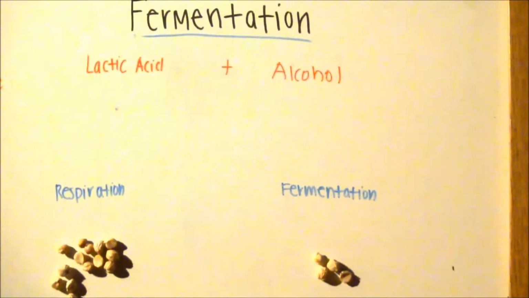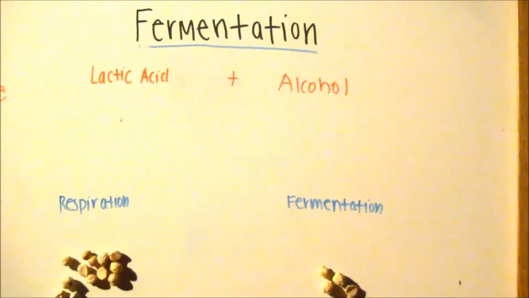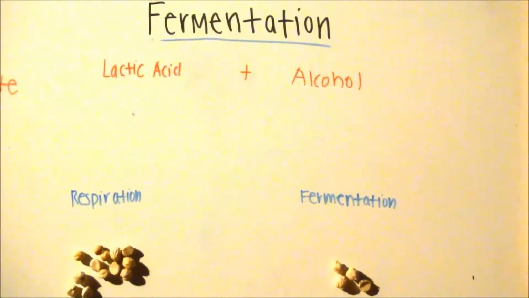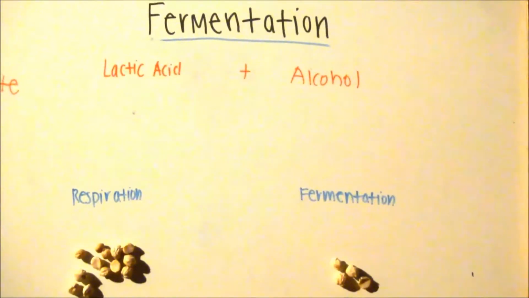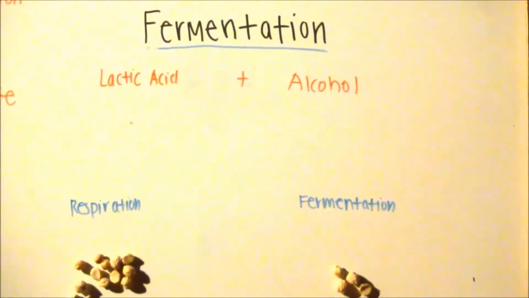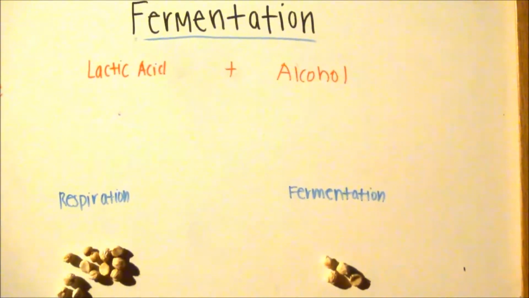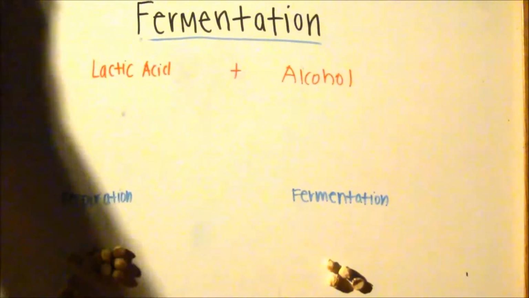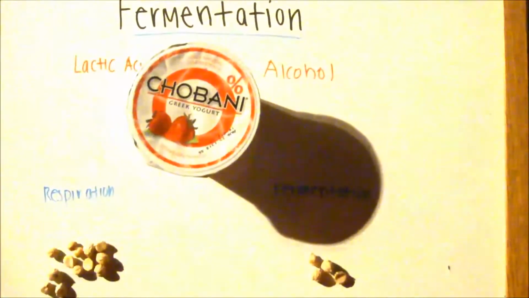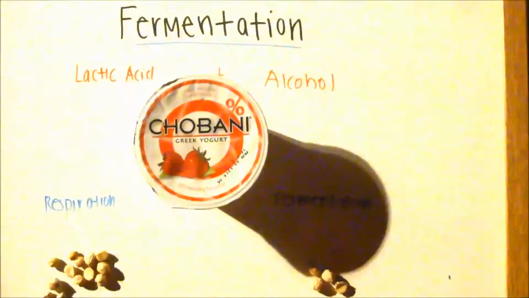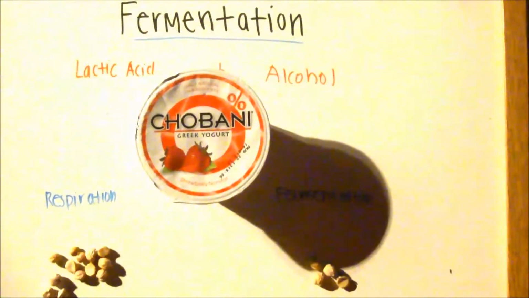Lactic fermentation is used to produce lactate, and alcohol fermentation is used to produce alcohol, such as ethanol. Lactic fermentation is also useful today because it is used to produce different things, such as milk and yogurt, which is shown right here. Some of the main key differences in fermentation is that it does not use the Krebs cycle.